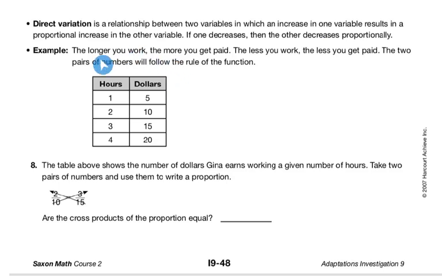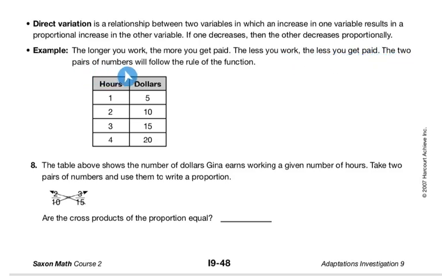So here's an example of a direct variation, and this is something that we see all the time, and you might see this with your chores at home, or when you start working, and your parents can attest to this. The longer that you work, the more you get paid if you're working hourly. The less you work, the less you get paid.